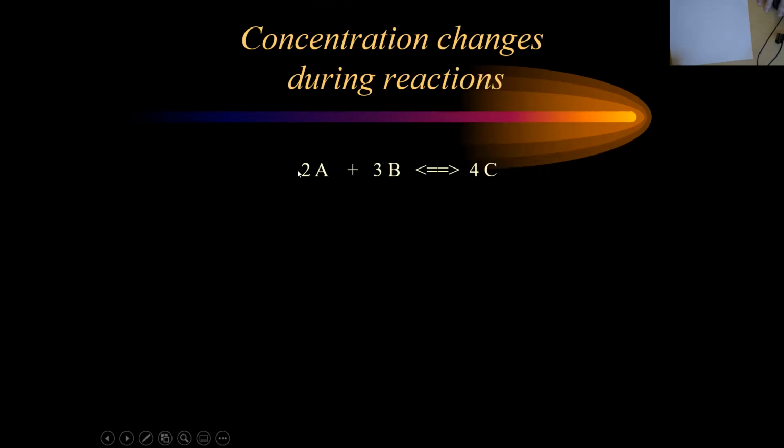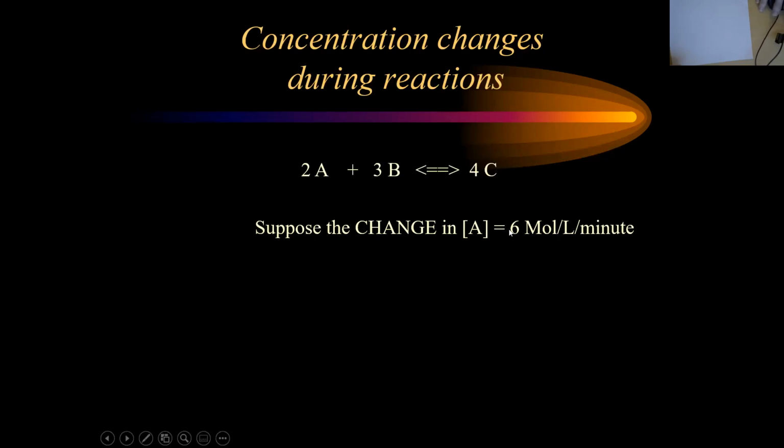For example, if I had this generic reaction, 2A + 3B goes to 4C, suppose the change in concentration of reactant A is 6 moles per liter per minute.